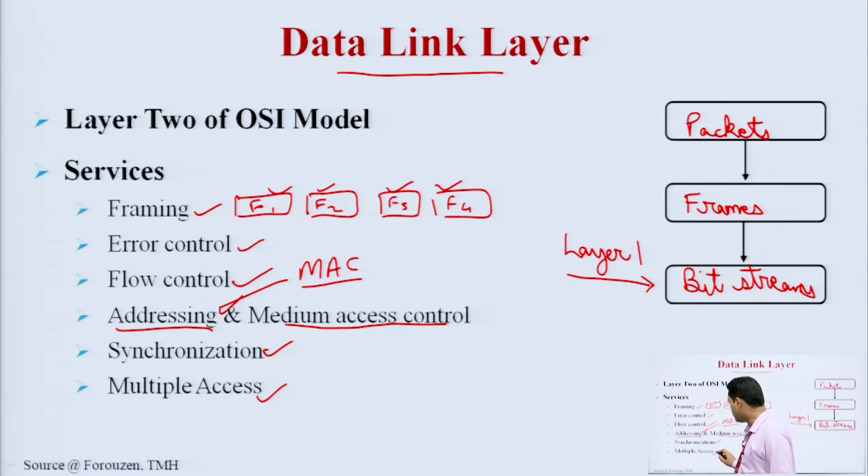Then multiple access, if there are multiple users who are accessing the data. How is it possible in a single channel, in a single network? If everybody in the room says something, then it has been seen many times that if a teacher asks something, 40 students in the room say yes, no. So, what is the response from the faculty side? "Okay, tell me one by one."